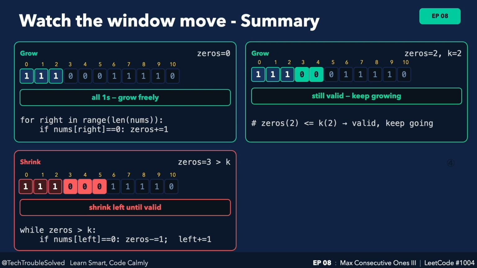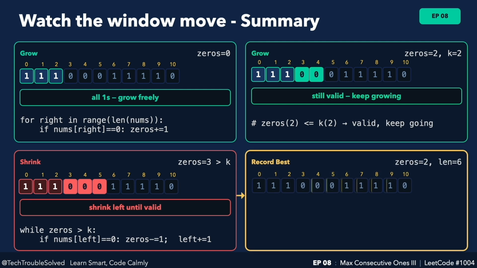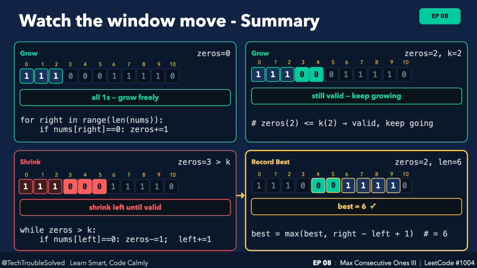L moves until we are valid again. Movement 4. Record best. Window spans index 4 to 9. Length 6. That's our answer. Shrink first, then record. The window repairs itself before we ever measure it. That's not accidental. That's what the code structure guarantees.